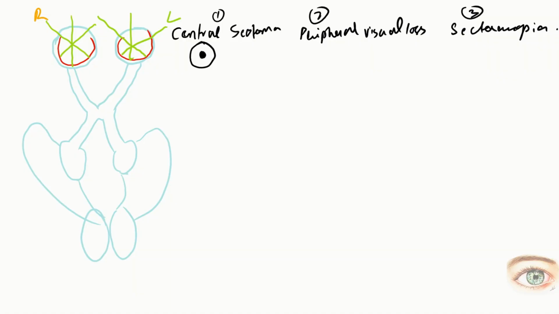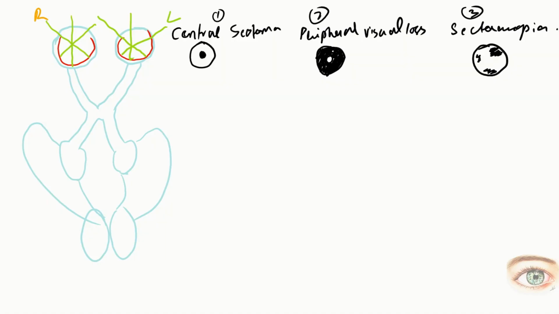The peripheral visual loss is going to look like this. And this occurs in retinitis pigmentosa, right? And sectoranopia can be an area of blindness in any of the peripheral visual field, right?